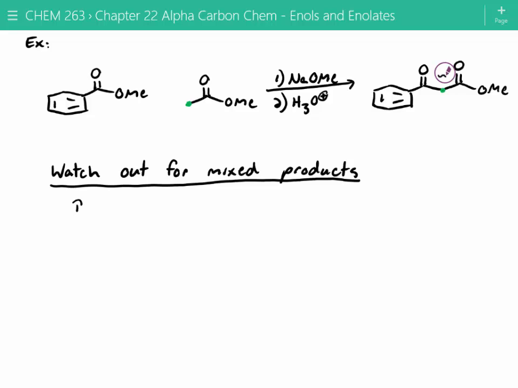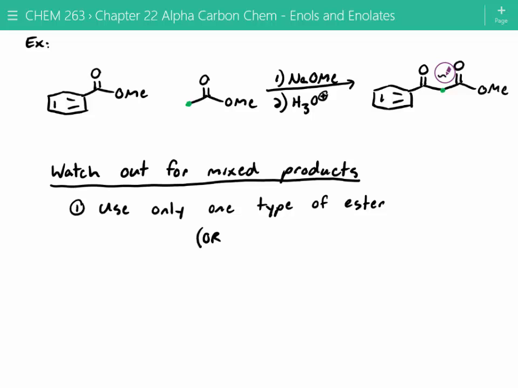The first one is you can use only one type of ester, which really isn't a cross Claisen condensation, it's just a Claisen condensation.